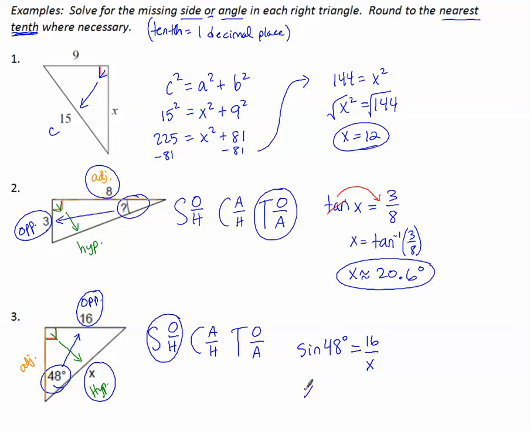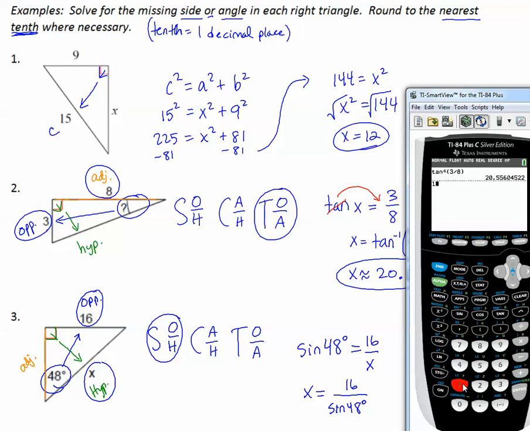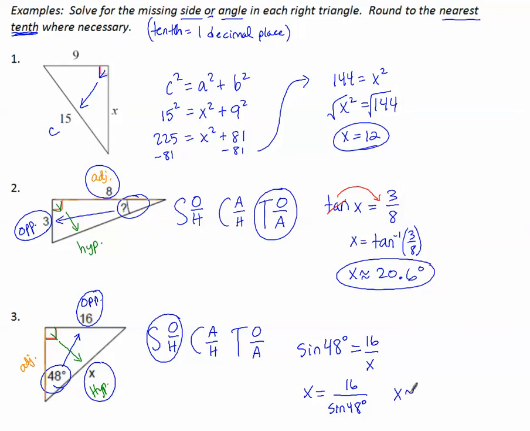So do your interchanging, 16 over sine of 48 degrees, and now pull out your calculator. 16 divided by sine 48 equals, rounding to the nearest tenth, this is only a 3, so this stays a 5, 21.5. So x is approximately 21.5.